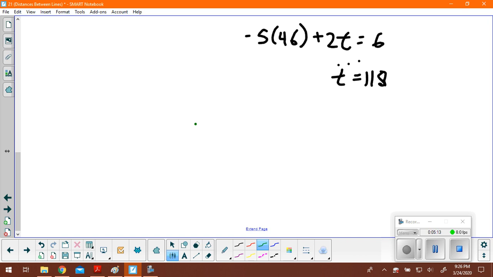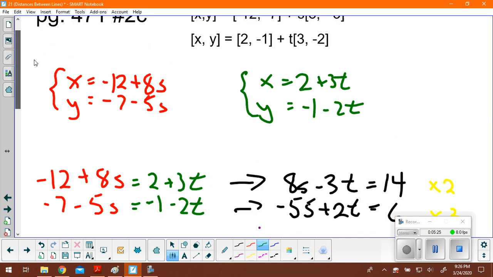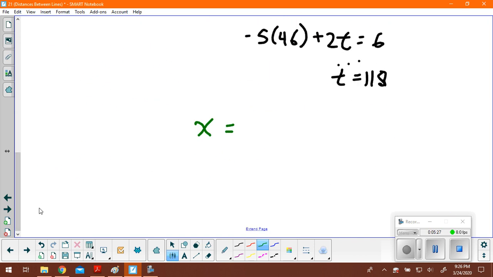So let's say I did s. Using those equations, x is equal to my first equation, which was negative 12 plus 8s. So negative 12 plus 8 times 46, and when I run that through, I get 356.